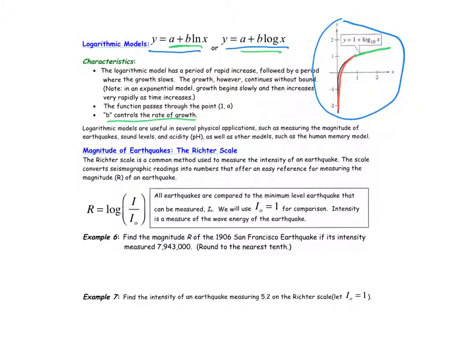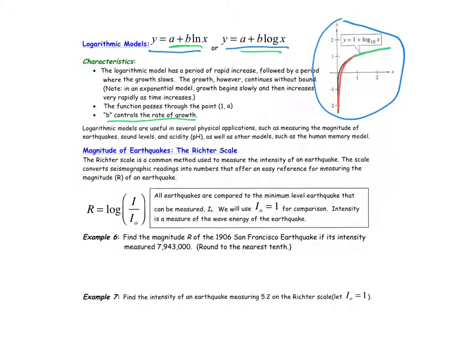So the first model that we're going to look at is the Richter scale. The Richter scale is a common method used to measure the intensity of an earthquake. The scale converts seismographic readings into numbers that offer an easy reference for measuring the magnitude, in this case called R, of an earthquake.